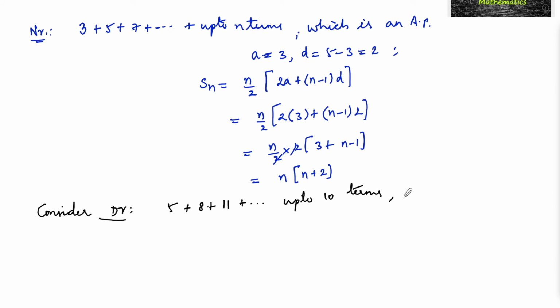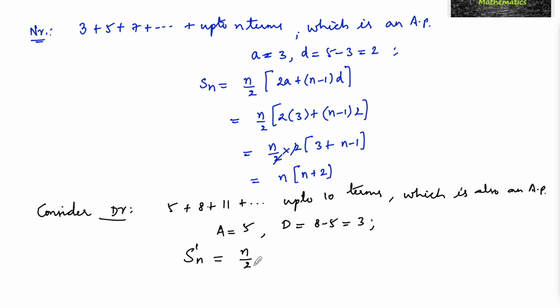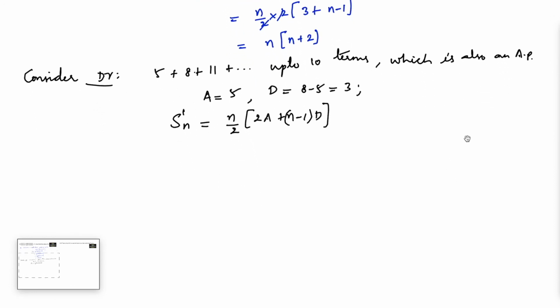So the given series is also an AP, arithmetic progression, whose first term let us consider capital A is equal to 5 and the common difference let us take capital D is equal to 8 minus 5, that is 3, and sum to n terms, let me take S dash of n is equal to n by 2 times 2A plus n minus 1 into capital D. So we can write here n upon 2, here 10 terms are there, so here n is equal to 10.